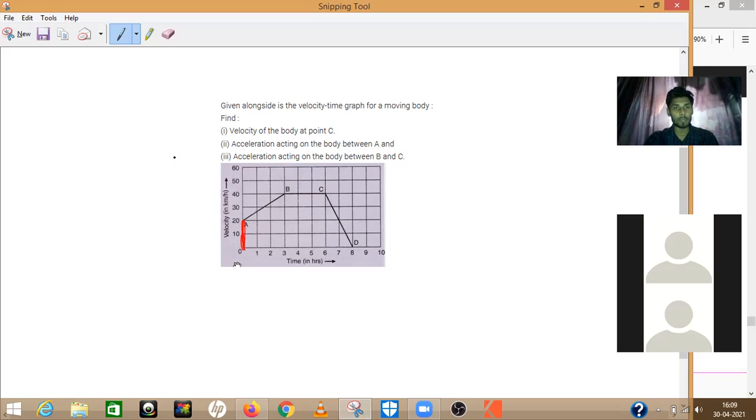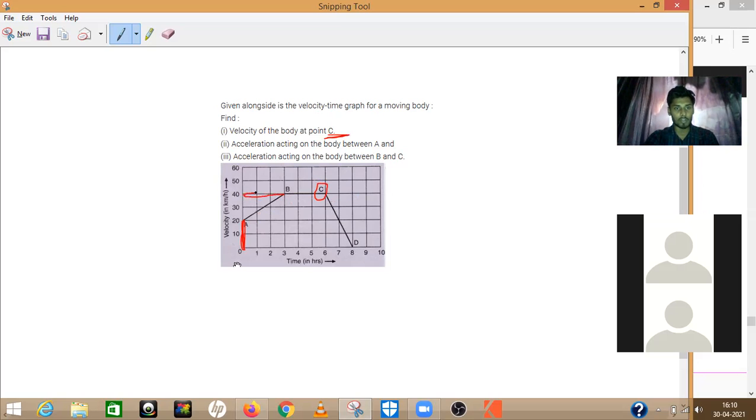20. If you observe, given alongside is the velocity-time graph for a moving body. Find the velocity of the body at point C. It is going from A to B, again from B to C. From B to C, it is going at constant velocity, which means acceleration is zero.